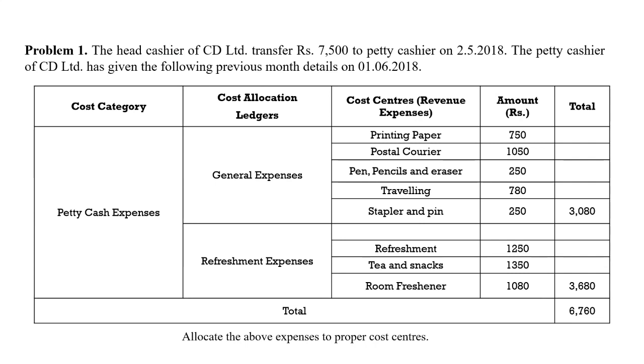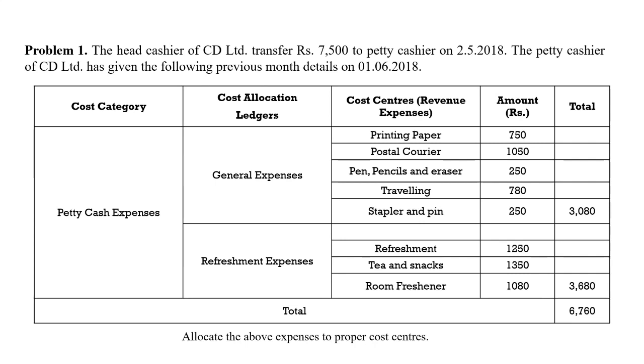This is general expenses, and we segregate this amount 3080 among 5 cost centers. Similarly, if you come down, you will find the total expenditure was 3680, and this amount is actually segregated or allocated among three cost centers: refreshment, tea and snacks, room freshener.